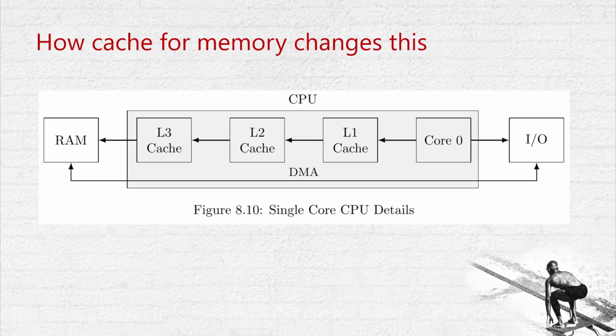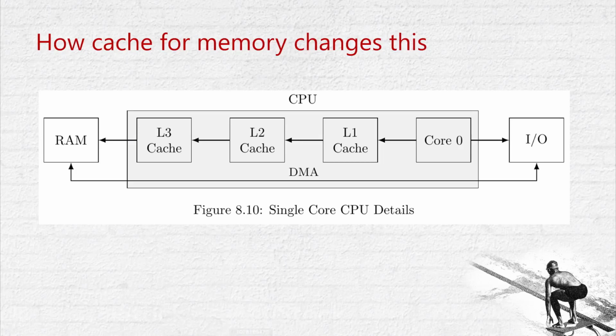And since I said it's very, very expensive, they came up with up to 3 levels where each level is a little bit slower than the previous one, but also much cheaper, and therefore you can have more and more of it. So in today's CPUs, level 3 cache goes into the hundreds of megabytes, but level 1 is still in the kilobyte range, and level 2 is somewhere in the 1, maybe 2 megabyte range.